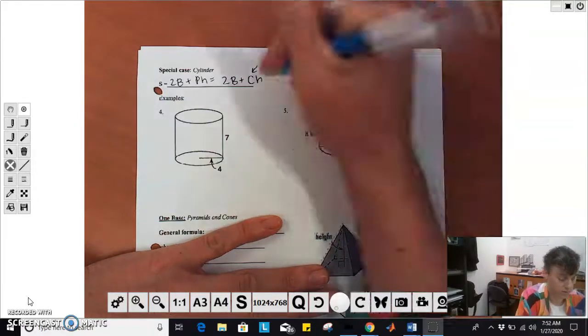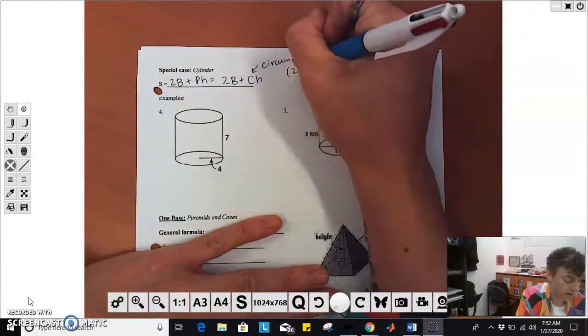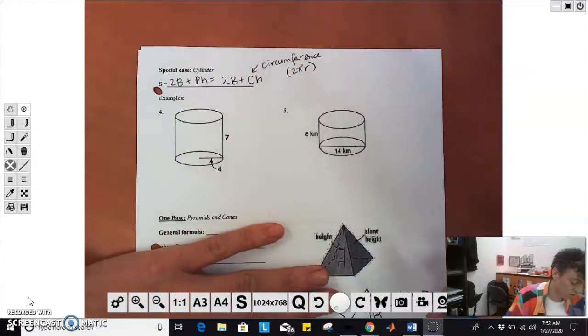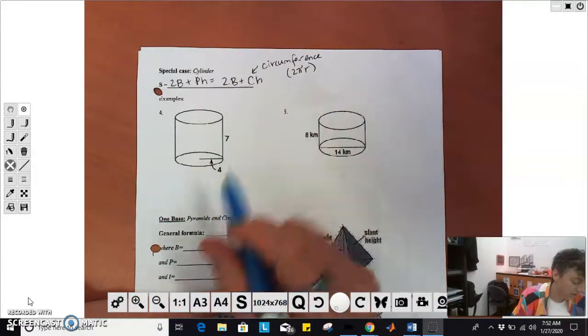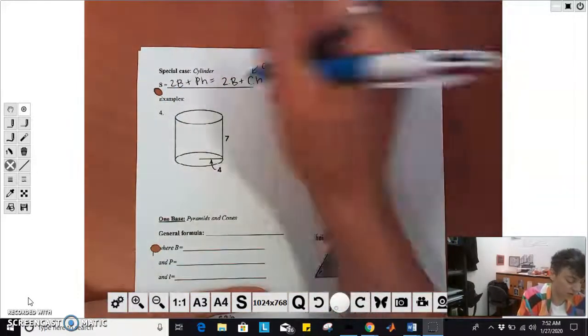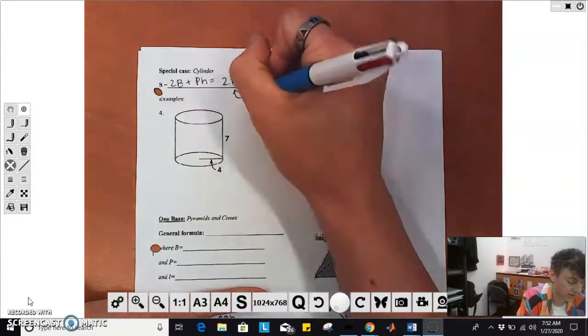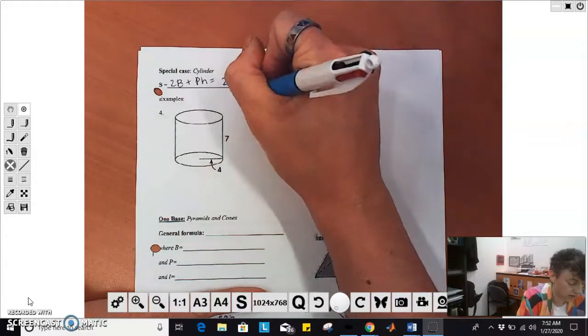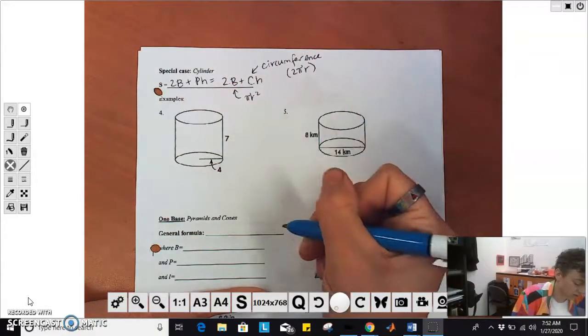And what's circumference? 2 pi r. So in our example here, 2 times our area of the base. What's the area of a base in a circle going to be? Area of a circle is pi r squared.